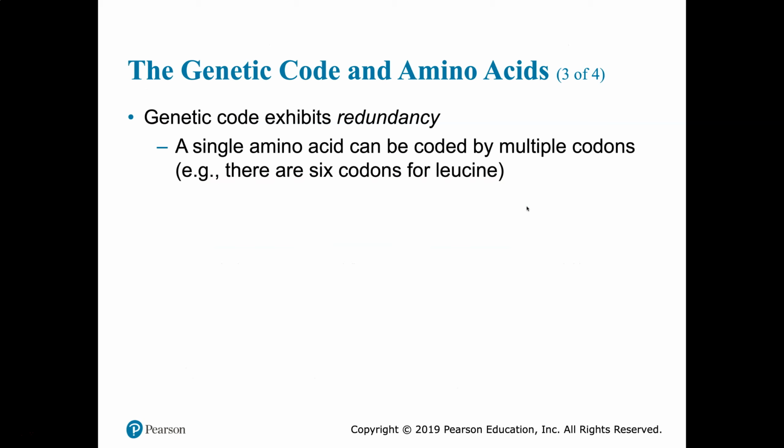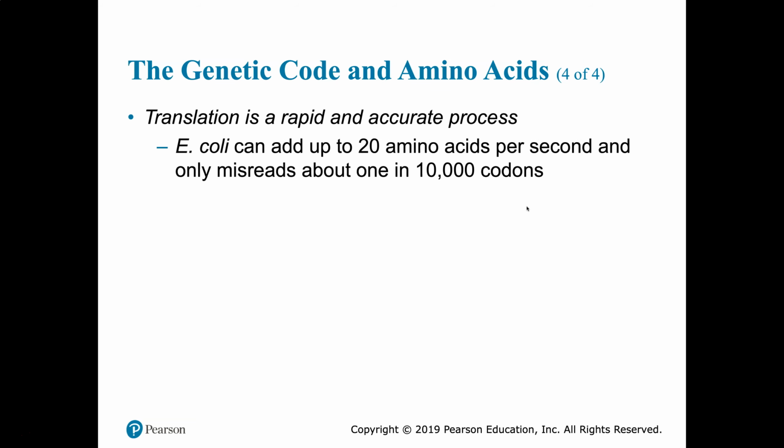This is what I was talking about, redundancy. Just 1 amino acid can be coded for multiple ways. And I have already mentioned leucine, where it can be coded for 6 different ways. This is just talking about how certain organisms can build proteins really fast, and it rarely makes an error. 1 in about 10,000 codons, that's pretty good.